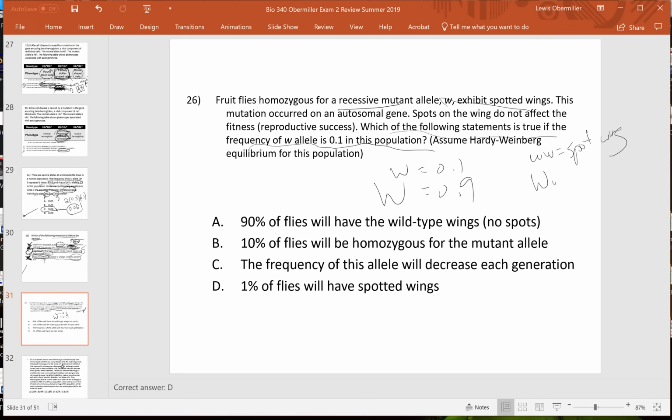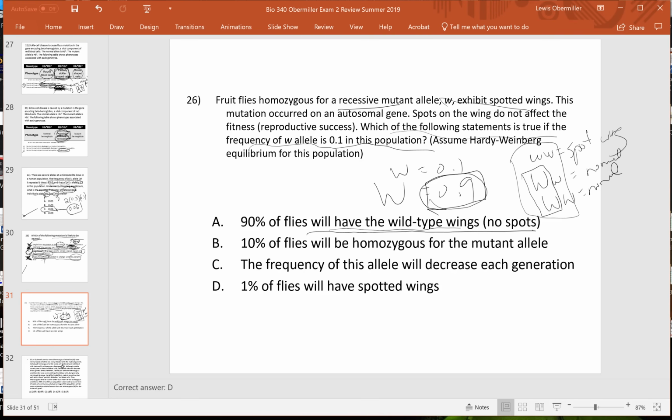So this normal. This would also be normal. So what assumptions can we make? This isn't telling us 90% of flies have no spots. What it's telling us is that 90% of all of these have at least one big W, right?